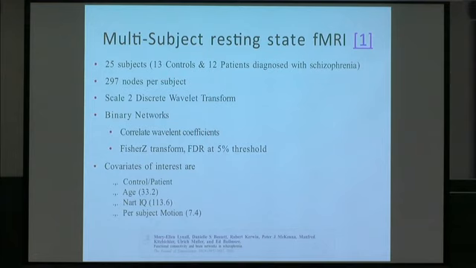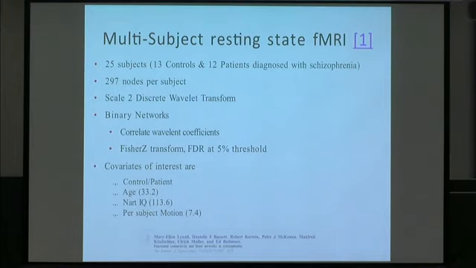So to show this in an application, now a different data set. This is 25 subjects. We were given 297 nodes per subject. Ed Bullmore is fond of doing a wavelet transform to his data and then correlating the wavelet coefficients. And then we created binary networks from this after Fisher transform of the correlation coefficients and FDR thresholding at 5%.